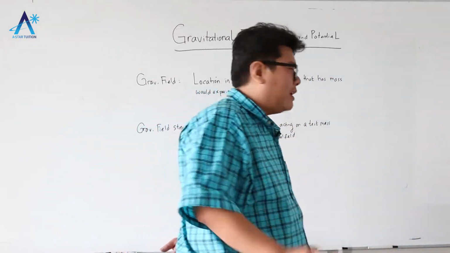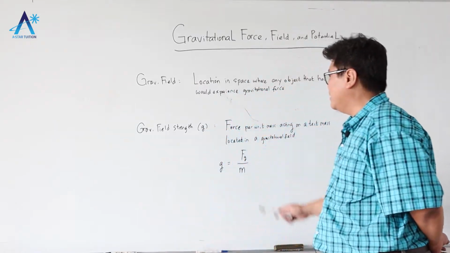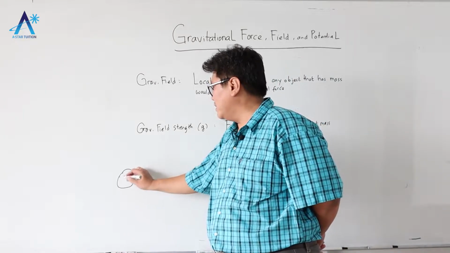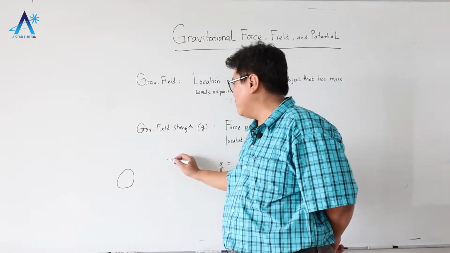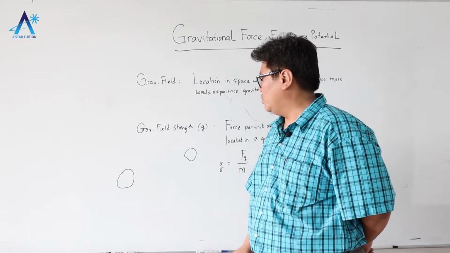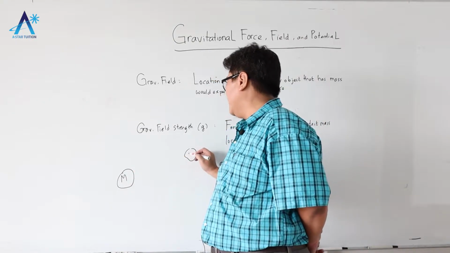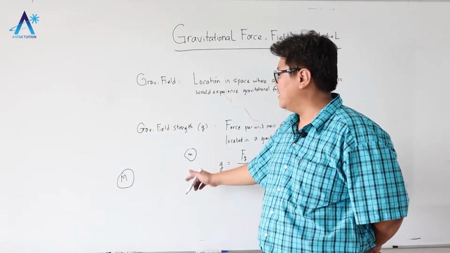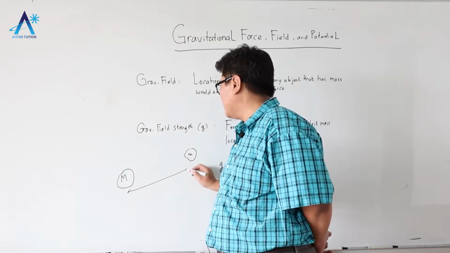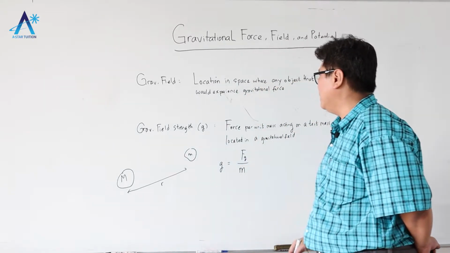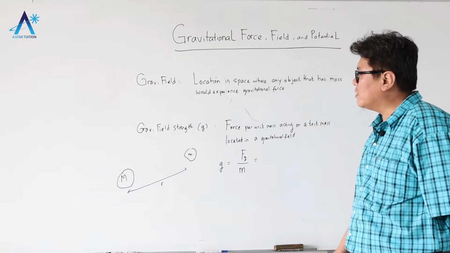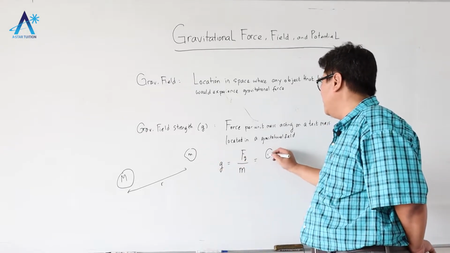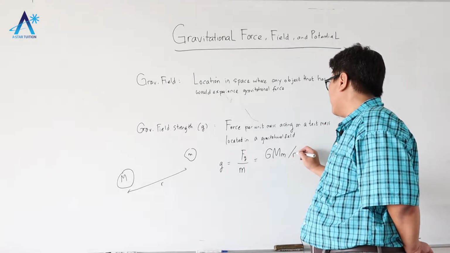Now let's quantify this and discuss it further. Remember that if you have two masses, we just discussed this before. For the gravitational force between two objects, one capital M and another lowercase m, let's say that they are separated by distance r from each other. So you know that the gravitational force acting on each other is GMm over r squared.